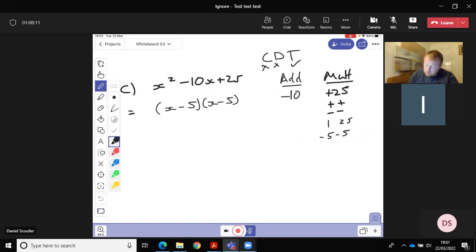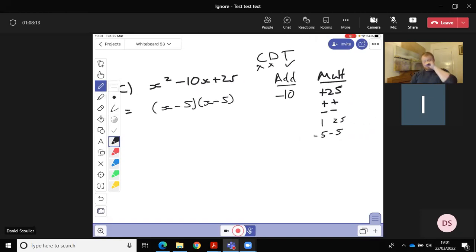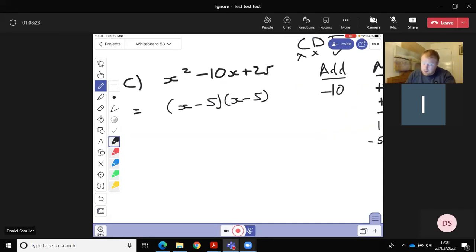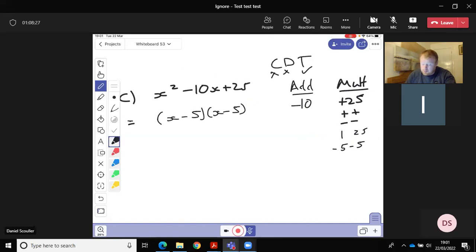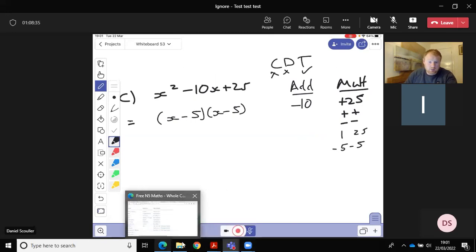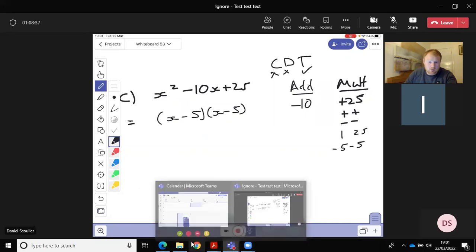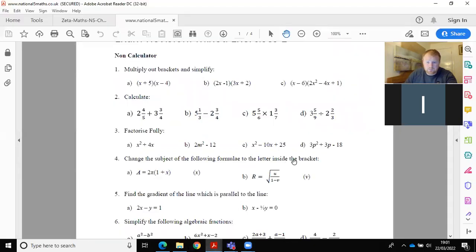There we go. Again, quite a weird answer, but we'll go on up. Okay, so just a normal factorisation. Hopefully I'm good with that.